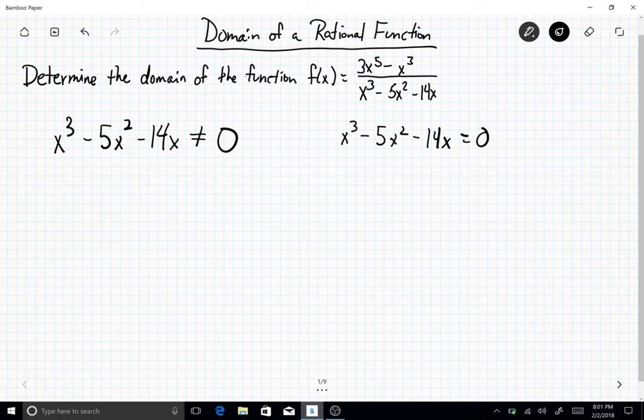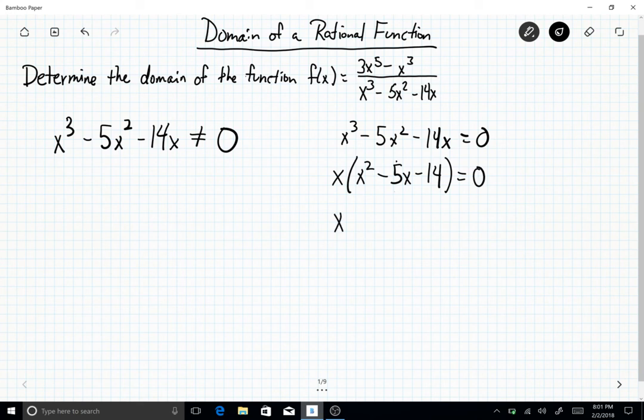So notice in this polynomial, we have x appearing right there as a factor of each term. Actually, I'll write it this way first. So we have x, and then after you factor out that x, you have x squared minus 5x minus 14 equals 0.